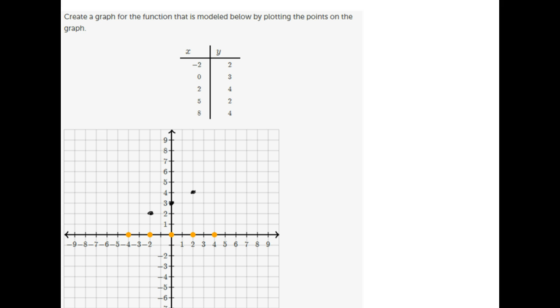Another one to 5, 2. And another one to 8, 4. Now right away, when you plot the points, you're not going to know exactly what that's going to look like, but it is going to follow something of a curved pattern like this.